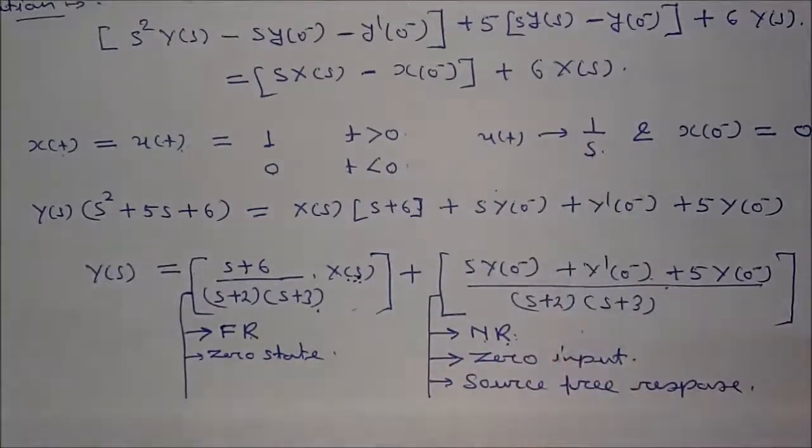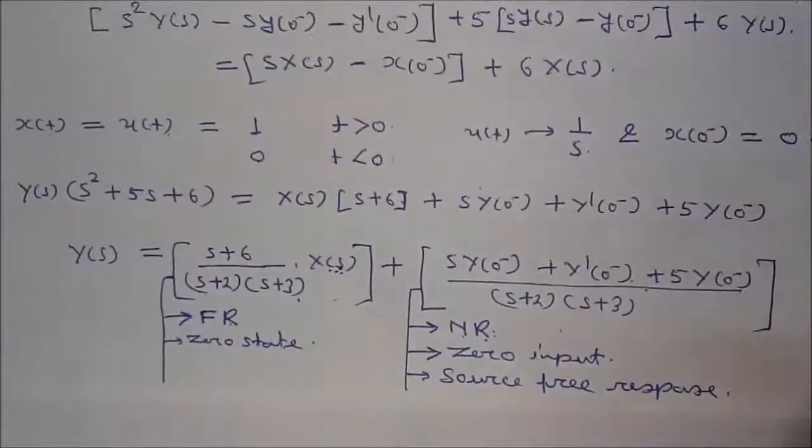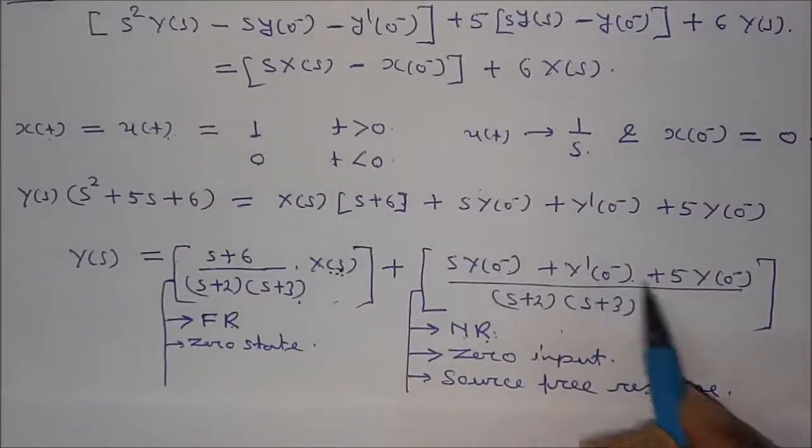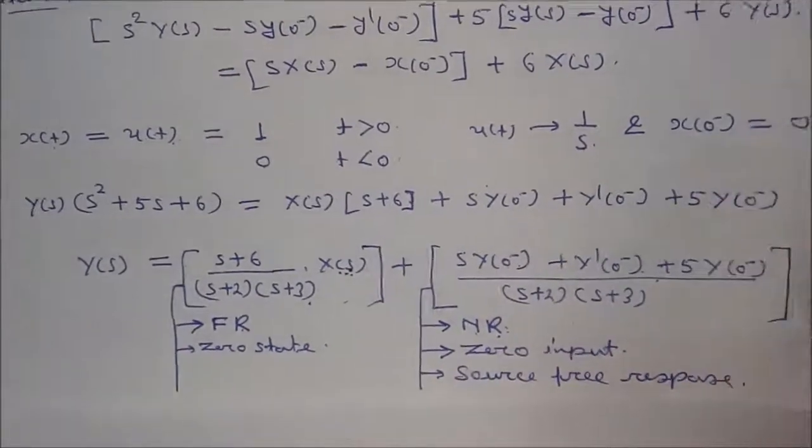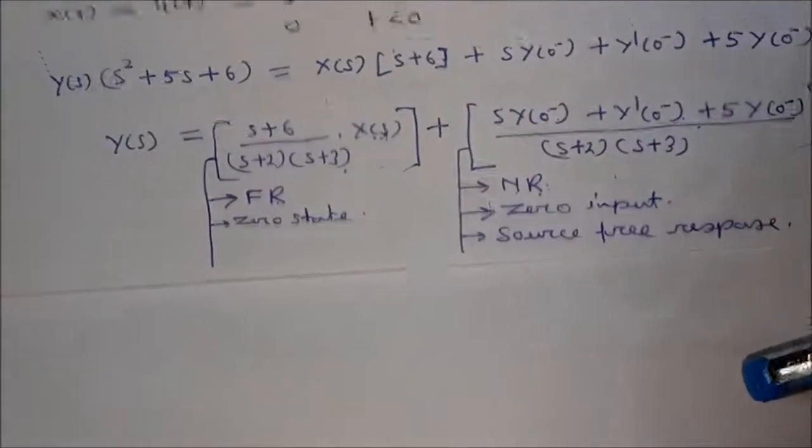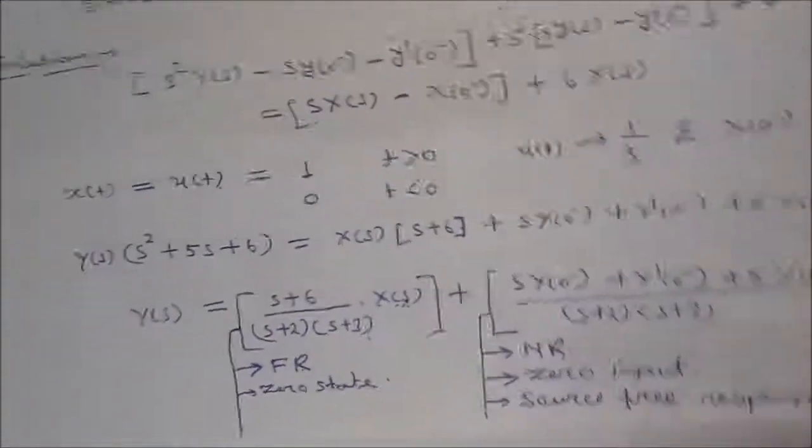So moving forward, we know that X(s) is equal to 1 by s. Put this value and put the values of y(0-), y'(0-) and y(0-). What will I get? See here what I am getting.